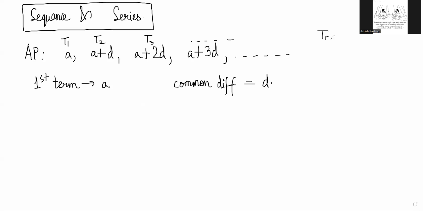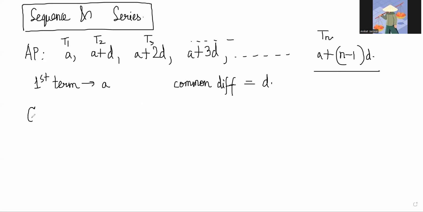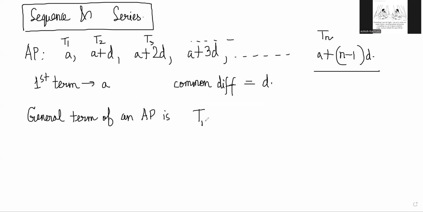So you can write Tn and it will be A plus n minus 1 into D. So the general term of an AP is Tn is equal to A plus n minus 1 into D. Notice that the nth term has n minus 1 into D. The second term has 2 minus 1 into D, right?